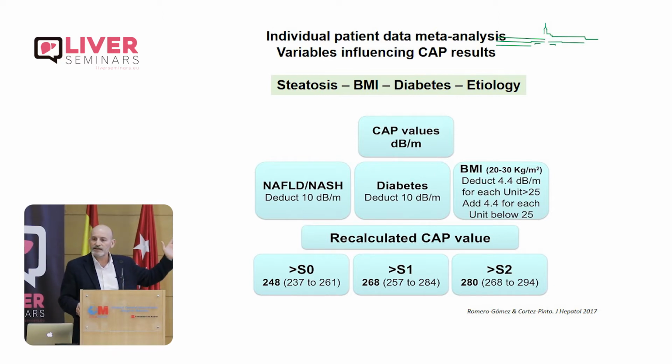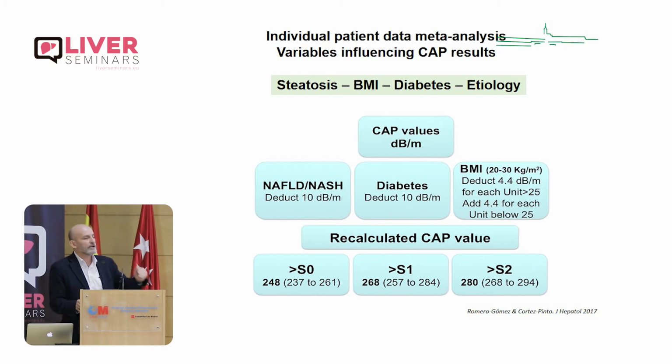In patients with NAFLD-NASH or in patients with diabetes, we need to deduct 10 decibels per meter to recalculate CAP and to diagnose steatosis. For body mass index, it depends: in obese people we need to deduct, and in lean people we need to add 4.4 units depending on the distance to 25 kilograms per square meter, the ideal body mass index.